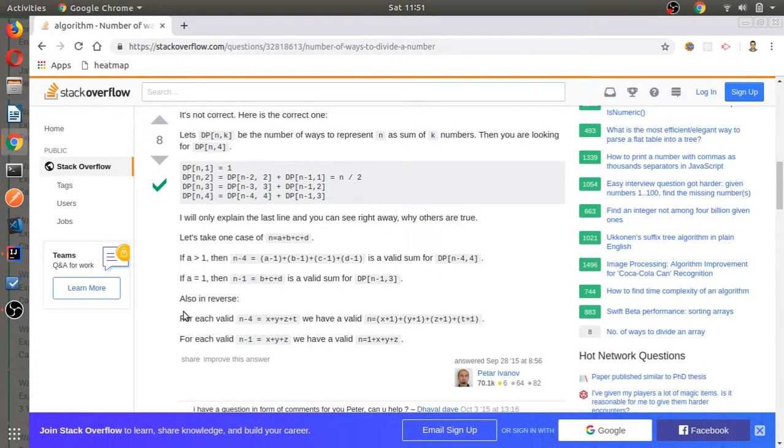So it's like this. N is equal to 1, there's only one way of putting n. If n is 2, then dp of n minus 2, and dp of, okay.